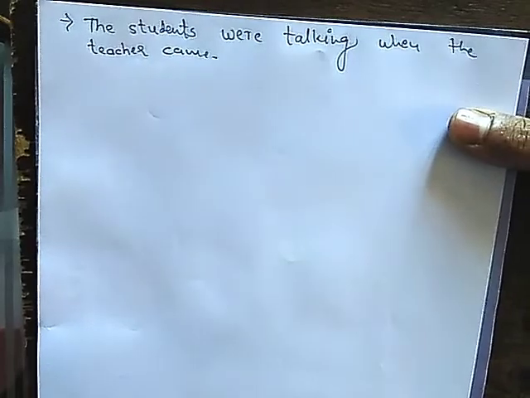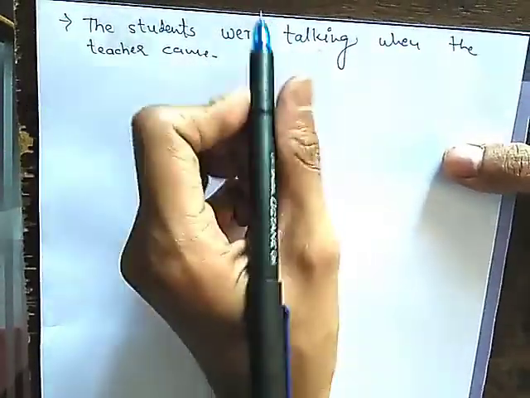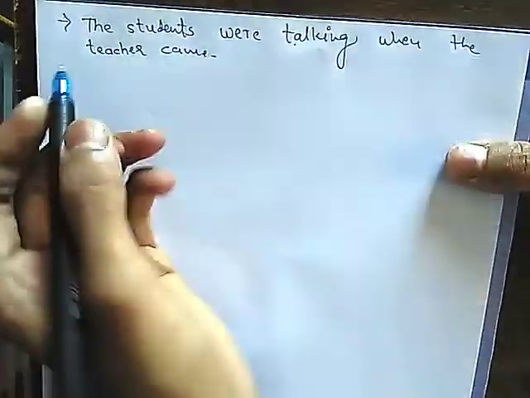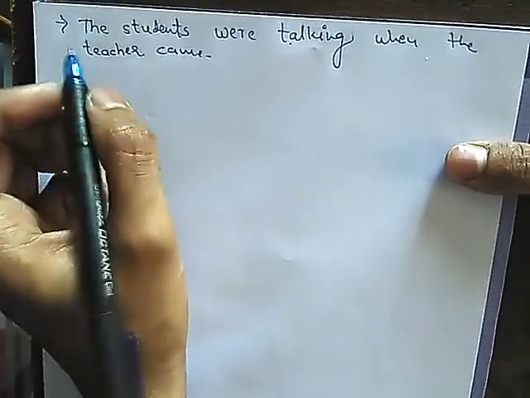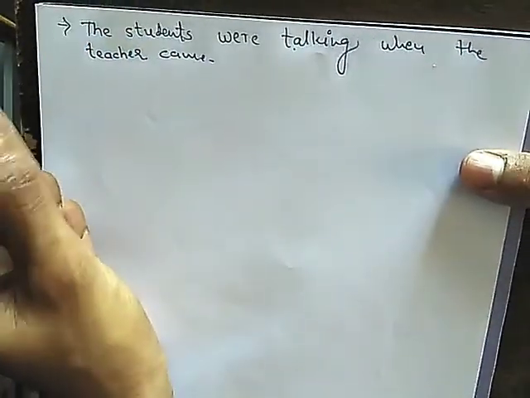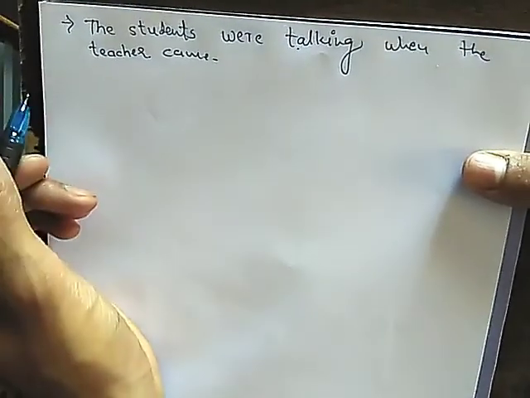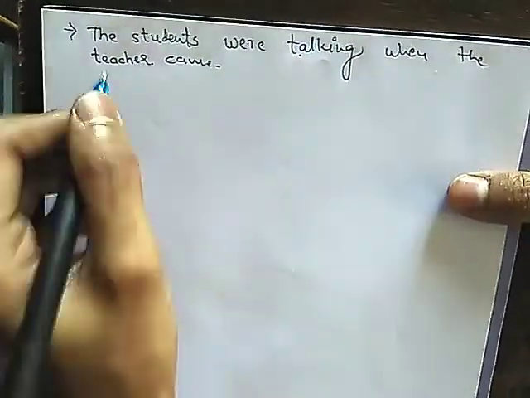So here you can see that two actions are there, the talking of the students and the coming of the teacher in the class. So here we are talking about two actions and it's a kind of different sentence, but this is how you can also make sentences for past continuous tense.